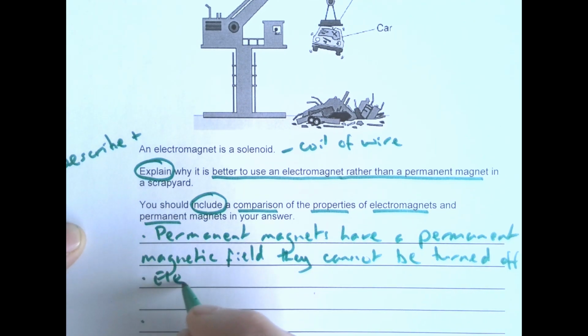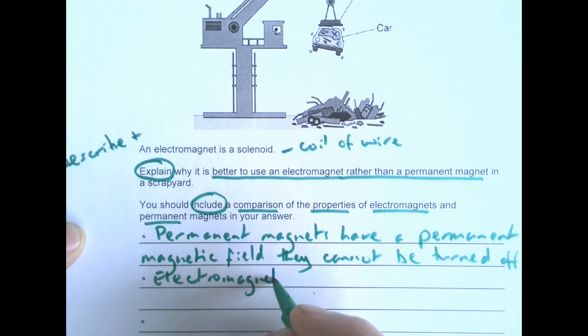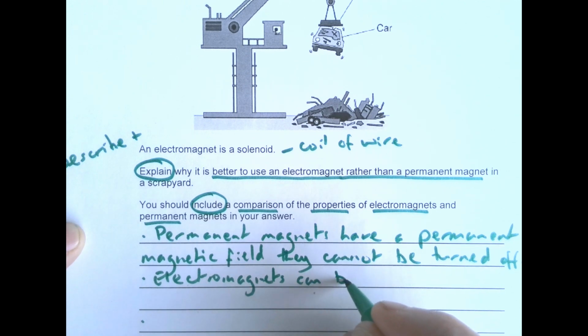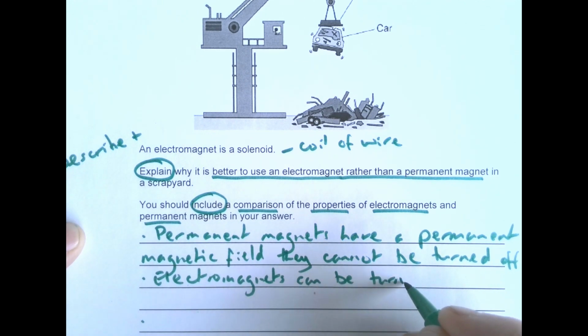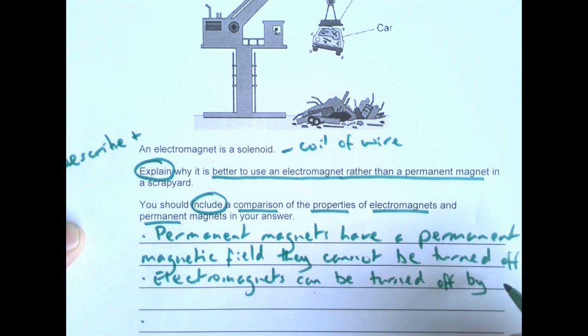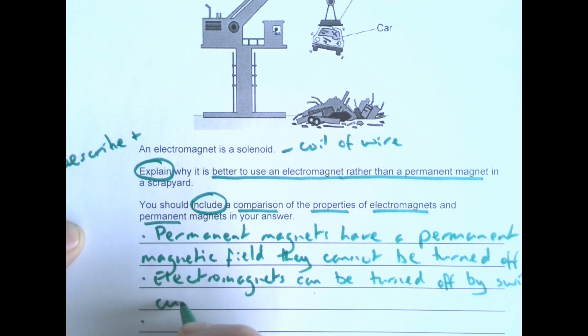Electromagnets can be turned off by switching the current off. So first of all, I've described their properties.